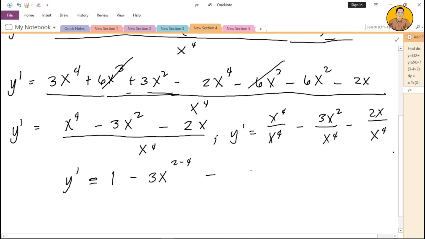So minus 2, x, subtract din yung exponent, so this is 1 minus 4. So further simplifying, we have here y prime equals 1 minus 3x raised to negative 2 minus 2x raised to negative 3. So that's our final answer for this particular problem.